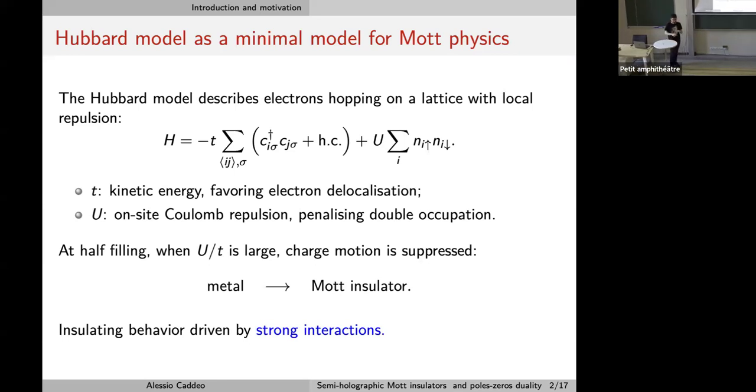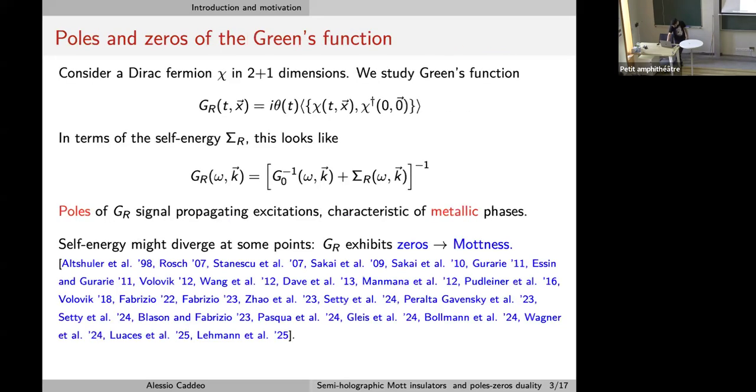So if we consider the situation at half filling, we have one electron per site. If we take the limit in which U over T is large, we see that it's energetically disfavored to have conduction, since the second term would forbid hopping between sites. And so in this model, we see a kind of transition between a metallic behavior and a Mott insulating behavior. And again, let me stress that this is an effect due to strong interactions.